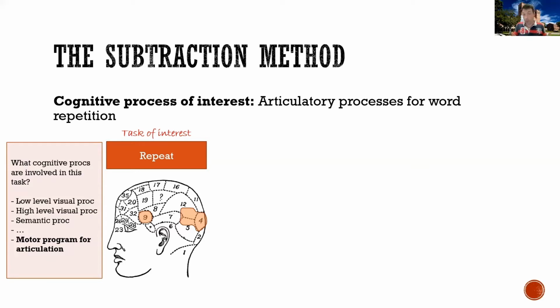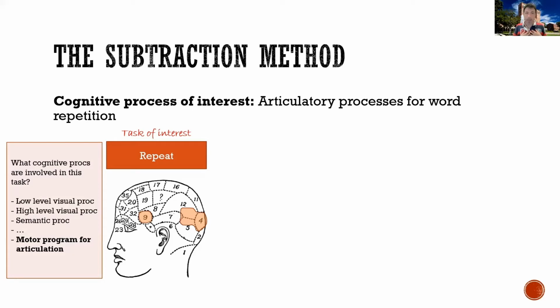It will also engage higher level visual processes, for example, combining lines into letters, and then even higher processes where letters get combined into words. And once you combine things into words, that will trigger semantic processes, associating a certain meaning with a certain word, and so on and so forth, all the way up to triggering the motor programs that are needed for repeating that word, for articulating that word, which is the process I care about.